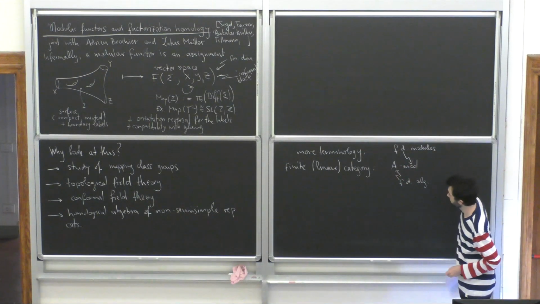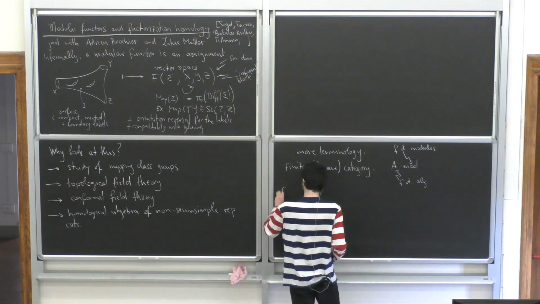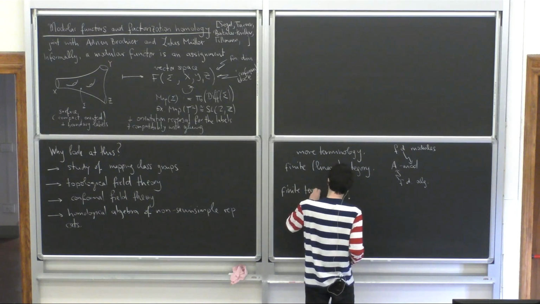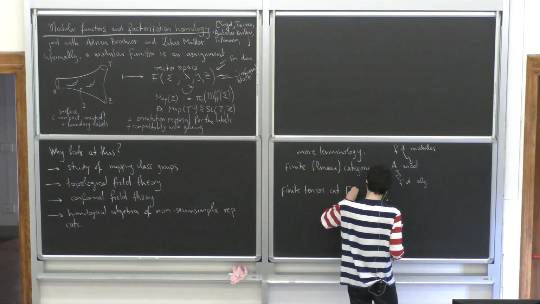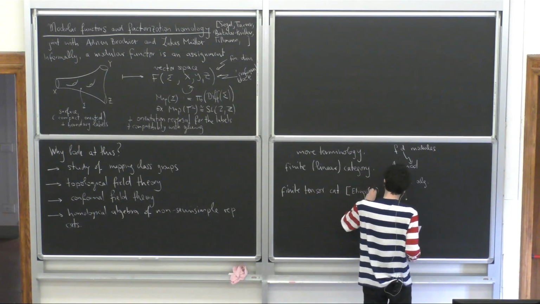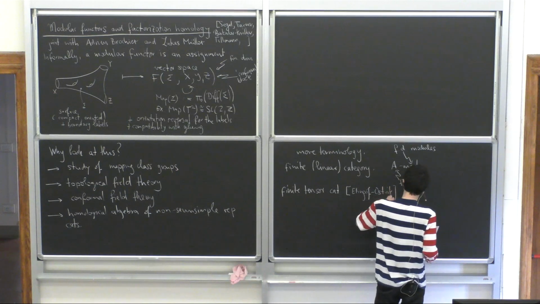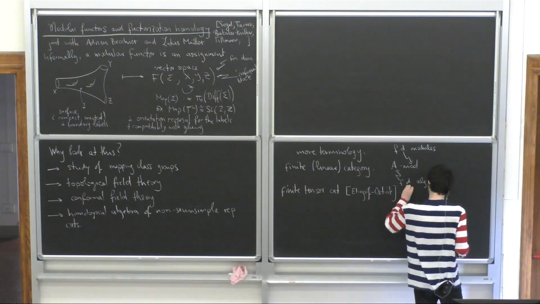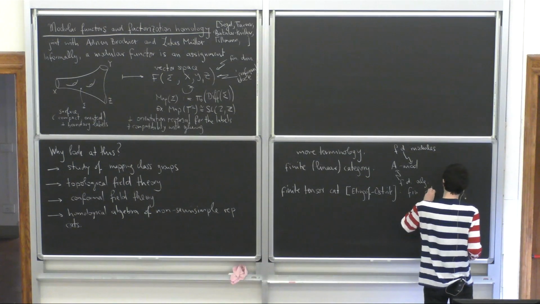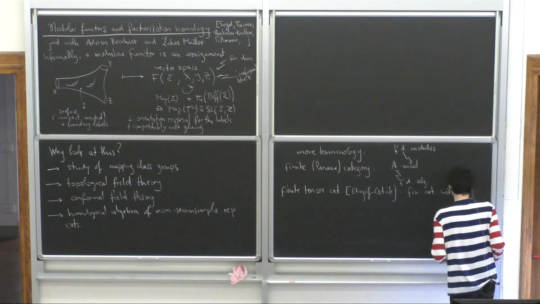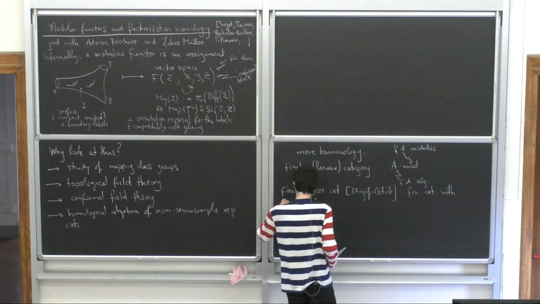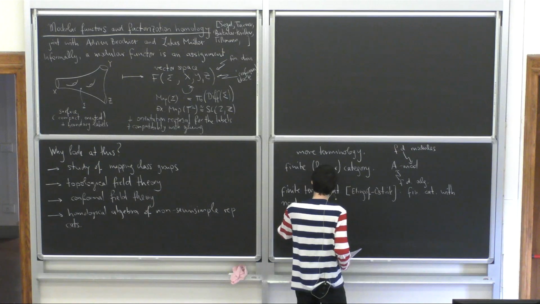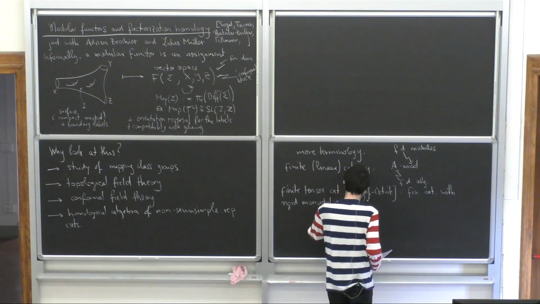And then if you have this, then there's the notion of a finite tensor category. This was defined by Etingof and Ostrik. And this is a finite category with a rigid monoidal product.